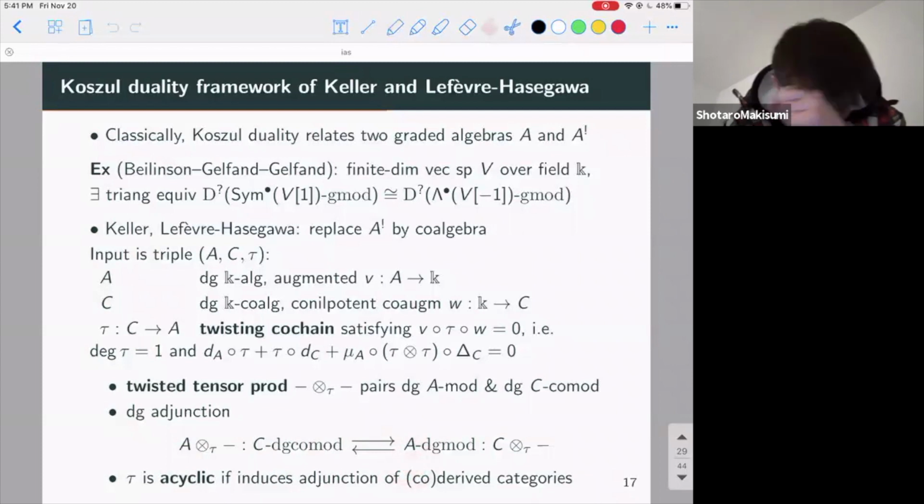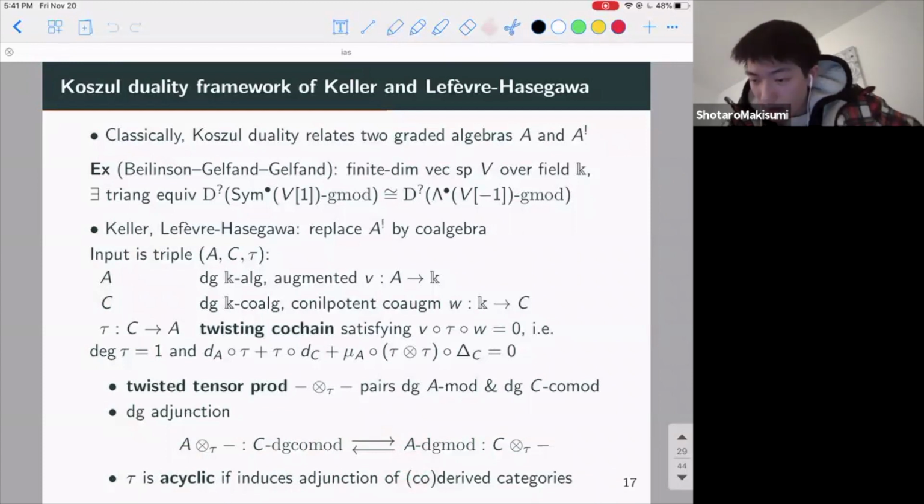And this always gives you a DG adjunction between these two DG categories. Keller and Lefèvre-Hasegawa say that tau, or this triple A, C, and tau, is acyclic if this adjunction actually induces an equivalence of suitably defined derived categories.